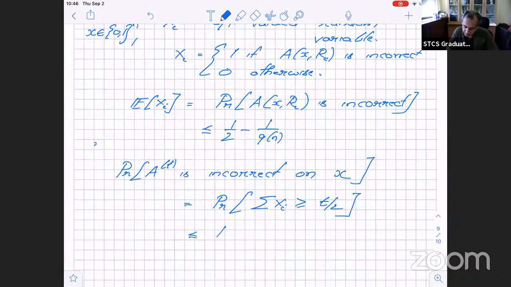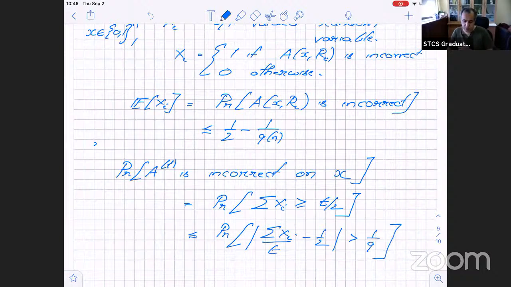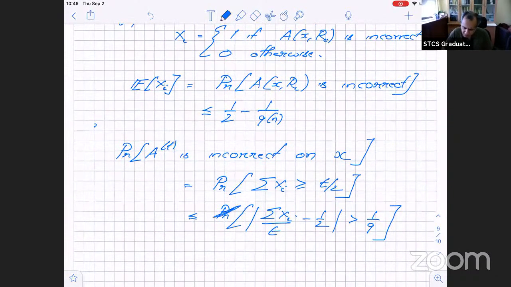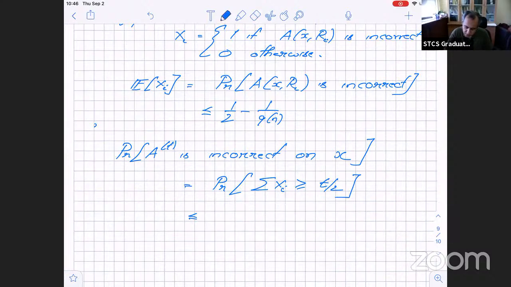Which is certainly less than probability summation Xi by T minus half is greater than 1 over Q. I've just rewritten this one. Sorry, this is not how I wanted to write it.